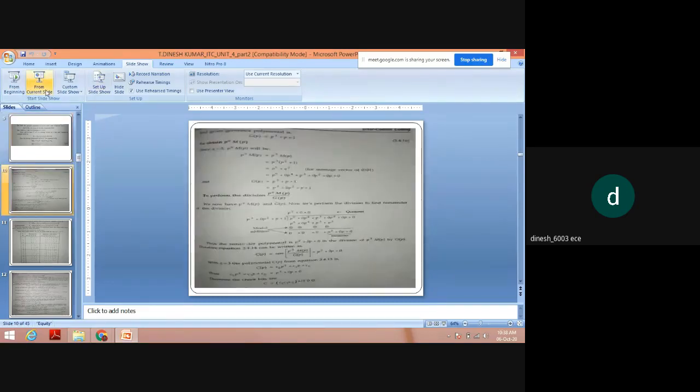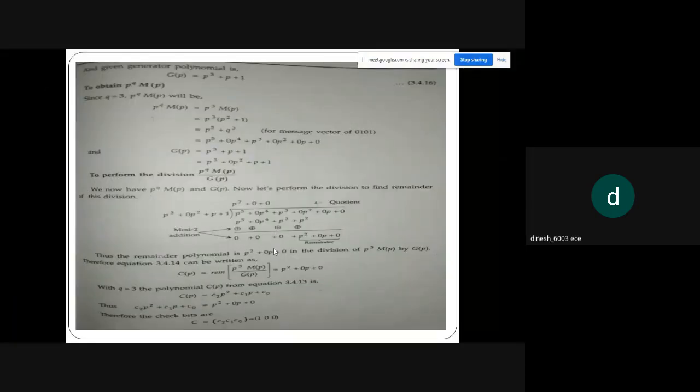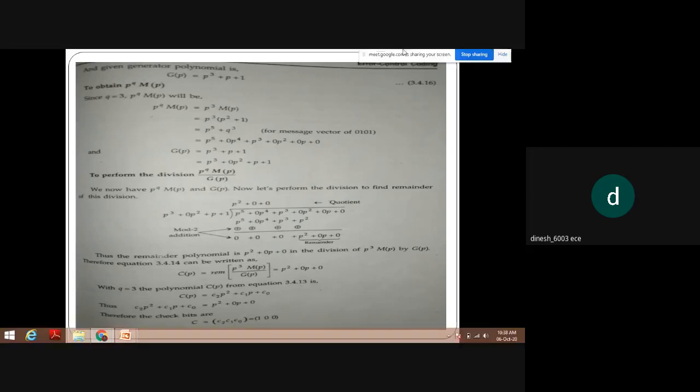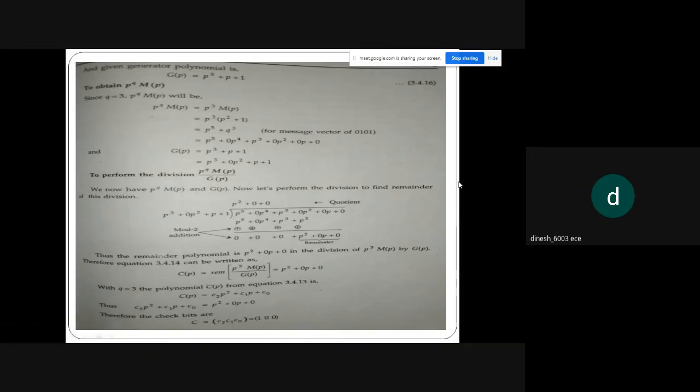Take a screenshot of that. Kindly take a screenshot of this, because you're going to do this procedure for the remaining message bits.